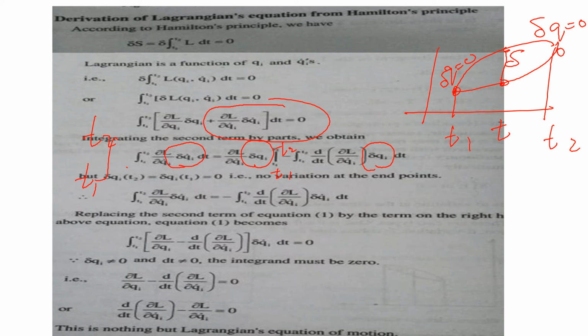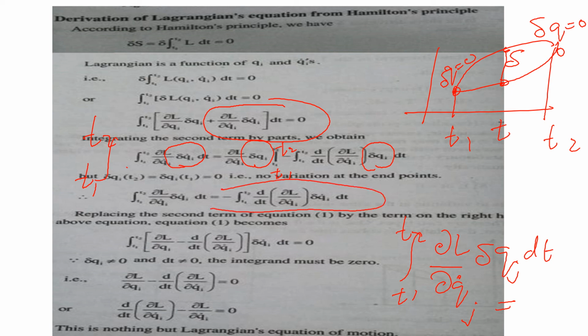So the first term goes to 0. Then what remains is only the second term. So integral t1 to t2 of ∂L/∂qj dot delta qj dot dt can be written as negative integral t1 to t2 of d/dt of ∂L/∂qj dot delta qj dt.